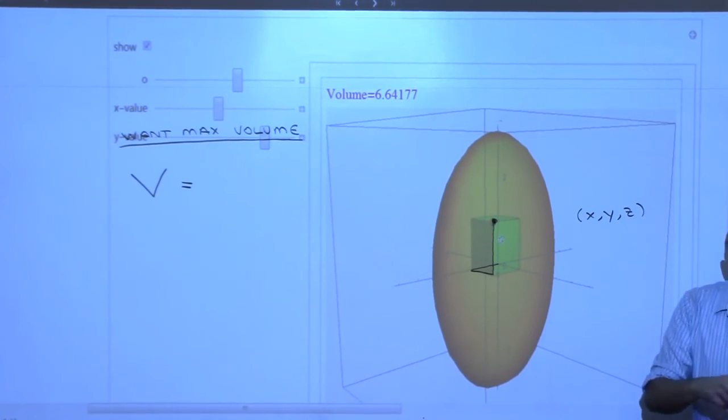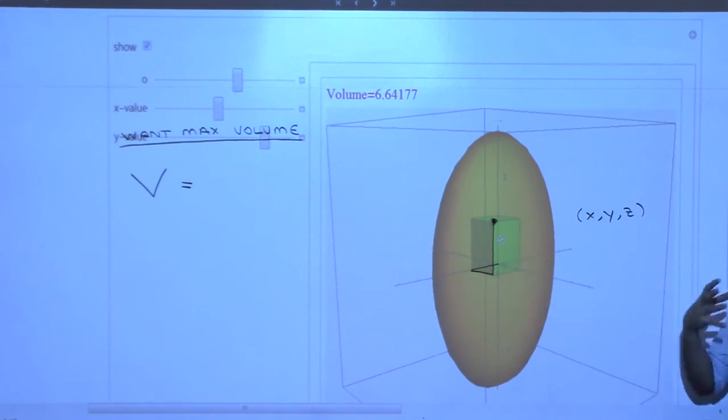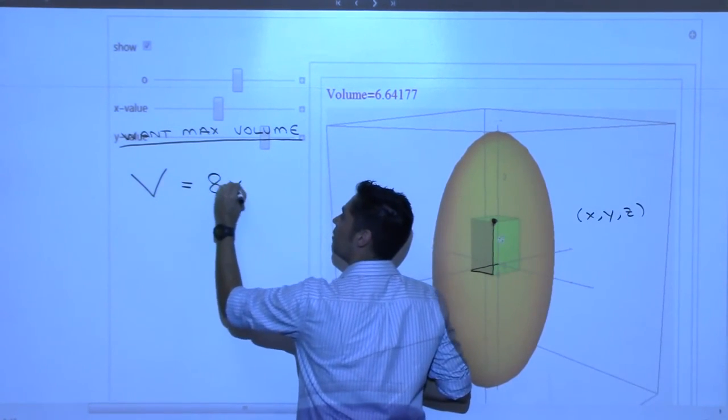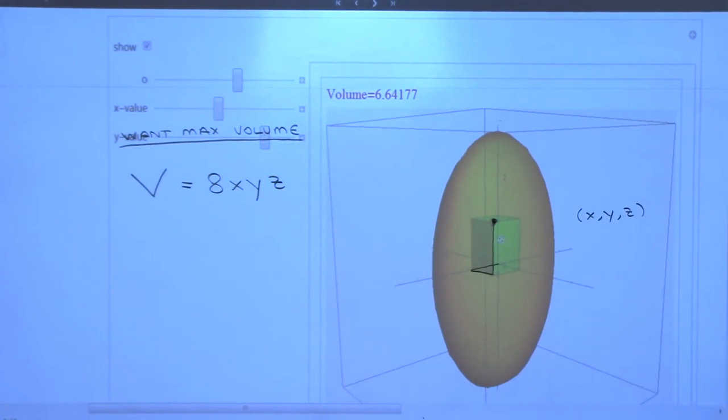So I agree with you. X times y times z will give you the volume of that box. The volume of the whole thing is 8 of those. So the volume should be 8xyz. Agreed? Understand? So that's why I pulled that in there. I took this out. Now, I think if I do that, you can see it. See that? That's just one of the 8 pieces.